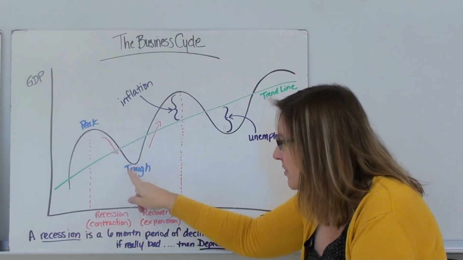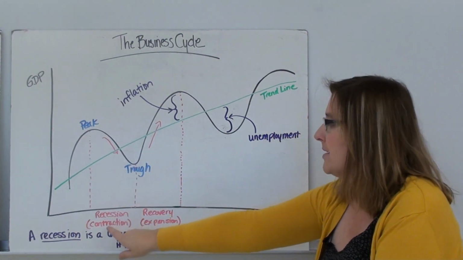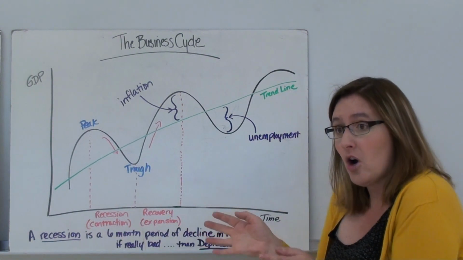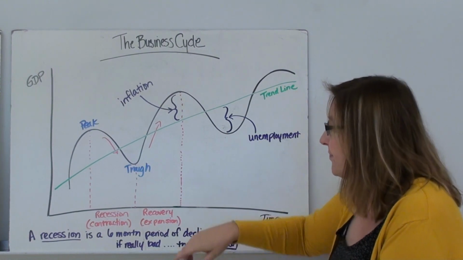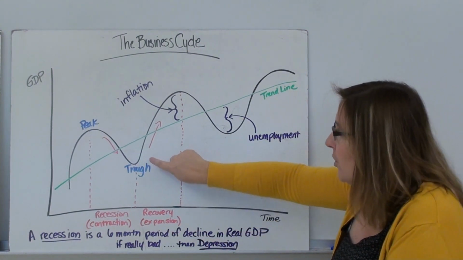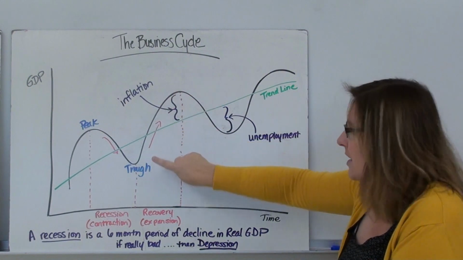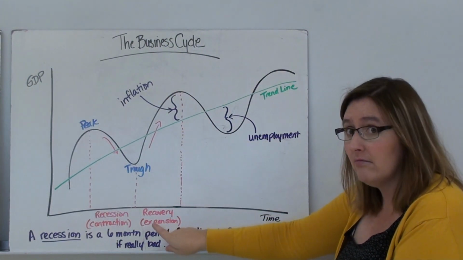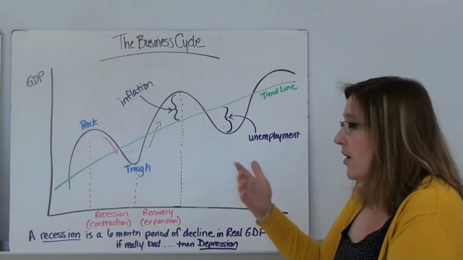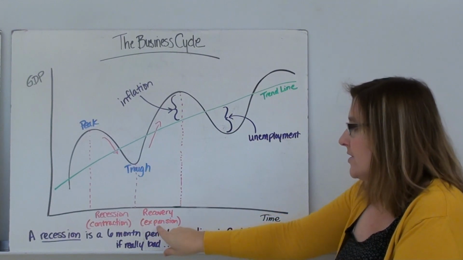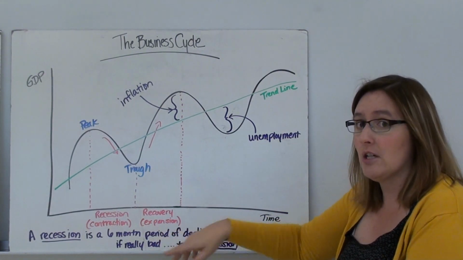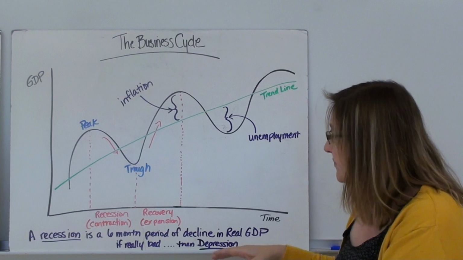So this downward movement is called a recession, or sometimes economists will call it contraction. The economy is contracting or getting smaller. And then when we're going up from a trough to a peak, that is called recovery, where we're getting more and more GDP, or other economists will call it expansion. The economy is getting larger.